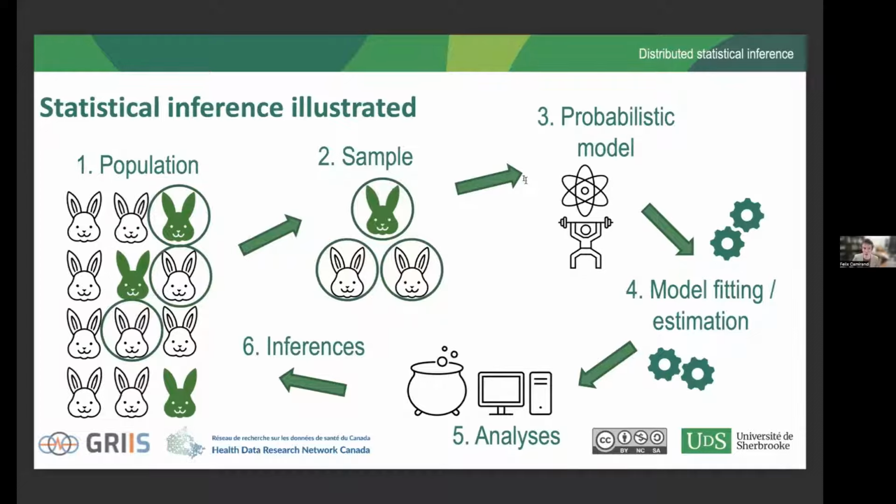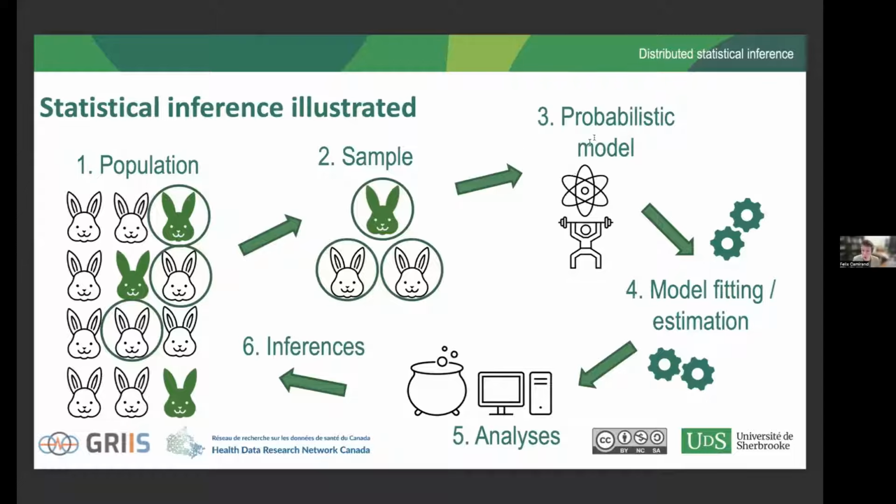As I mentioned, when we talk about horizontally partitioned data, so data that come from different nodes, it is often unrealistic to assume that all the data across nodes are IID. But maybe a more realistic assumption would be that the distribution of the response given the predictors is the same across nodes, but the distribution of the predictors might vary across nodes.